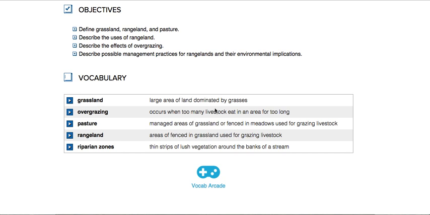So, before we get into that, I just want to take a few minutes to talk to you about some key points in the lesson that will help you with the project. When you take a look at the rangelands specifically, humans have had really great impacts on grasslands.